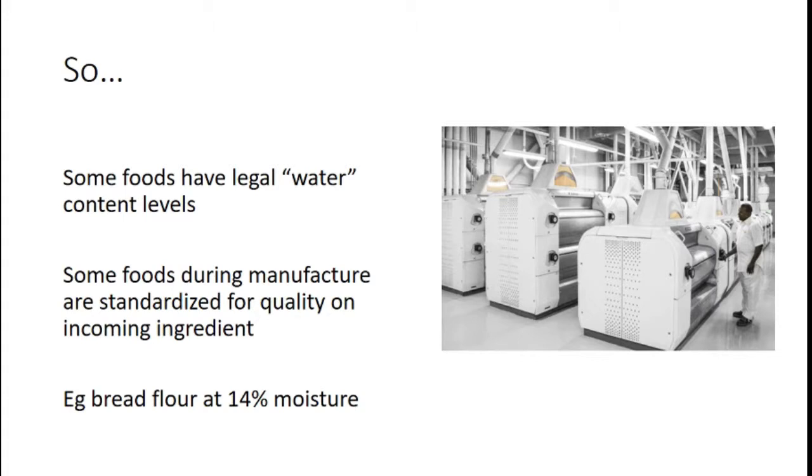So, for example, if you were a bakery, this is a classic one. Incoming flour is standardized to 14% moisture content consistently. And if you were a baker receiving flour in, let's say you were living somewhere really high humidity, maybe in Vietnam, for example, with a high ambient relative humidity, that bread flour may not be at 14% moisture.